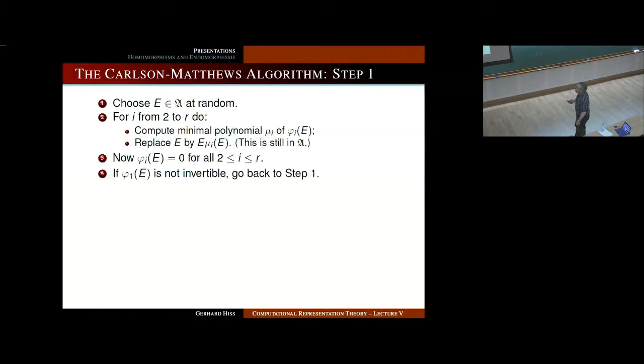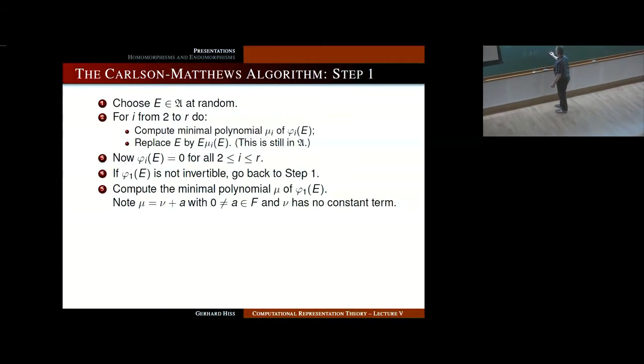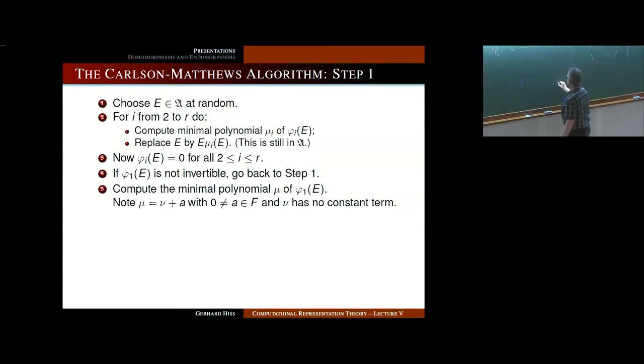Okay? Now you look at the action of e on S_1. If this is not invertible, go back to step 1. If it's invertible, compute its minimal polynomial. So there is a random choice involved, and you do it as often as is necessary. Then you find the non-invertible element, and if its minimal polynomial is something plus a, then a times the identity on S_1 will be minus nu of e.